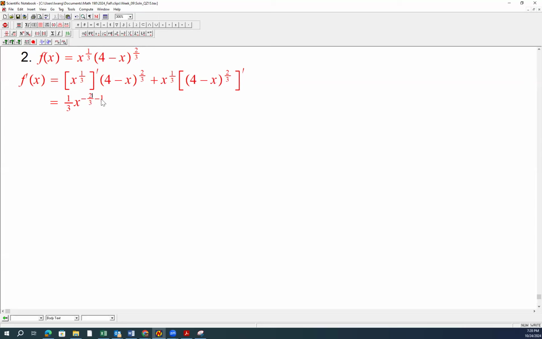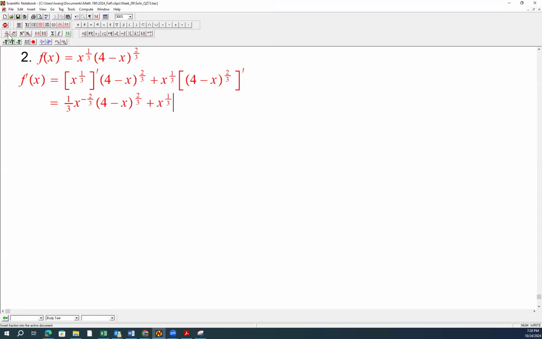Okay, most of you got this part, so I'm not going to spend more time here. You easily did 1/3 minus 1 equals negative 2/3. So the second factor stays unchanged, and the second part of the product rule is that we have x raised to the power 1/3 unchanged. We're going to differentiate the part in the brackets.